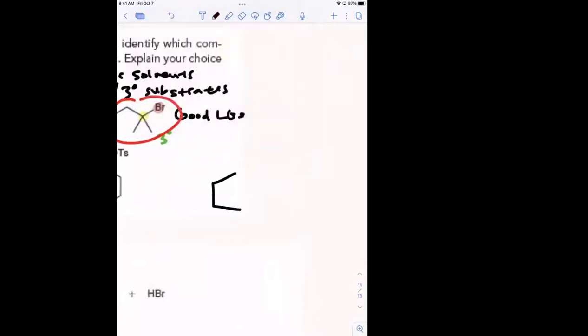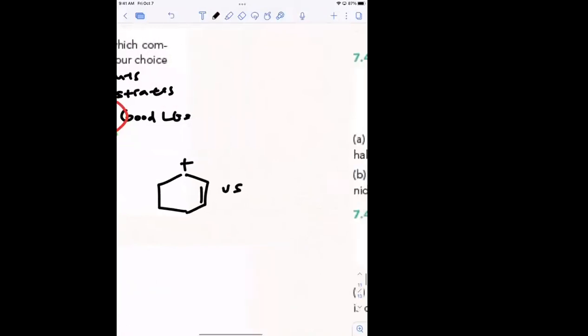If I have an allylic cation versus just a regular alkyl secondary cation, what can the allylic cation do that the other one can't? It has resonance structures. It can do resonance.